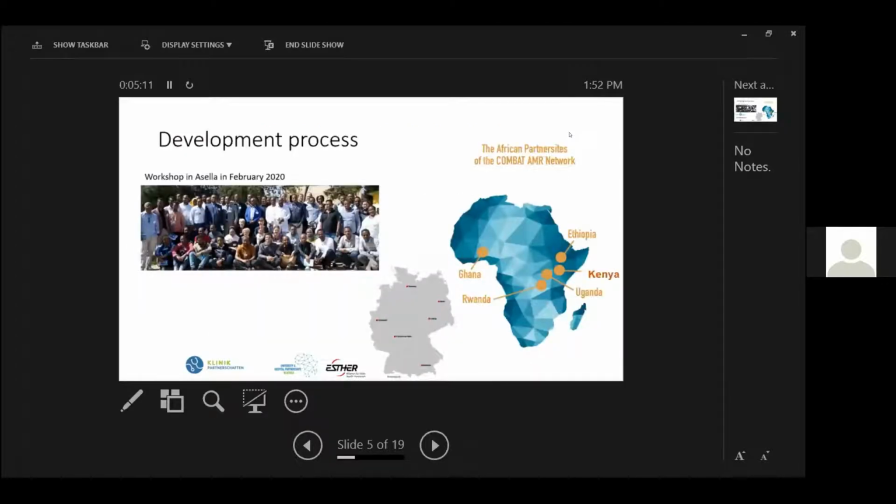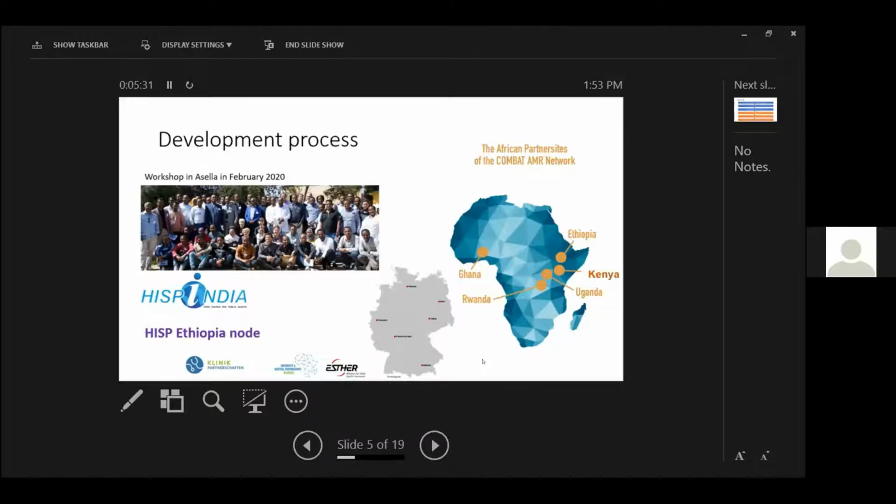So for that, we had a workshop in Asala in Ethiopia, just before the COVID crisis took over in February 2020, where all the partner sites from Germany, Ethiopia and Africa gathered.